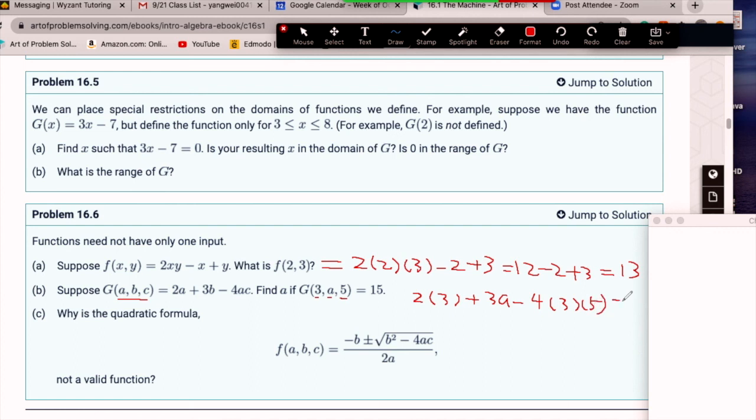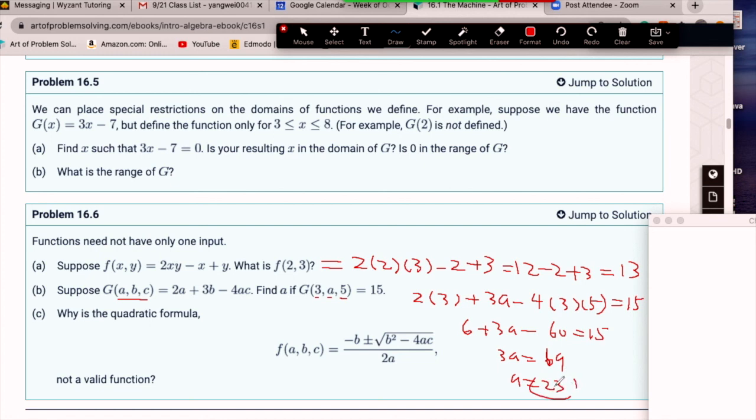This gives us 15. Now they ask you to find a. So 6 plus 3a minus 60 equals 15. Then we get 3a equals 75 minus 6, and so on, then dividing both sides by 3, you get a.